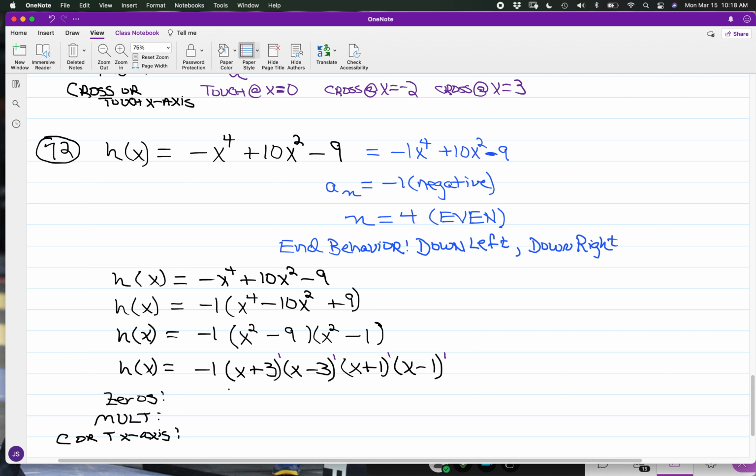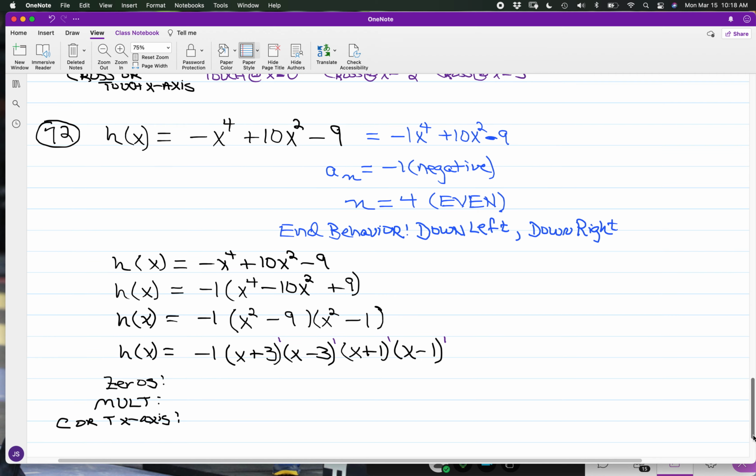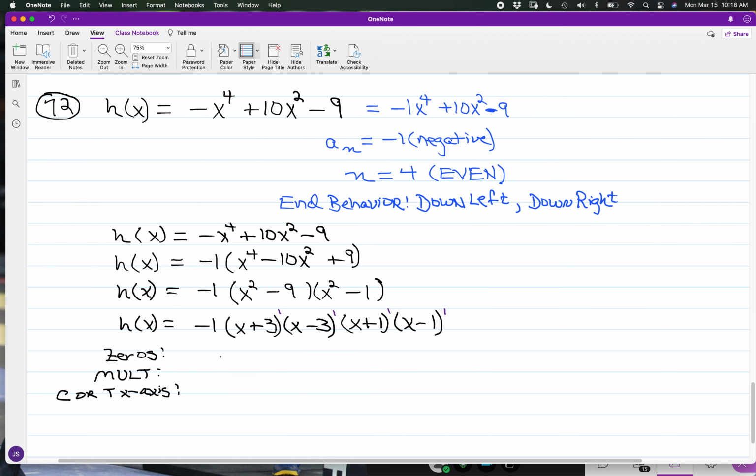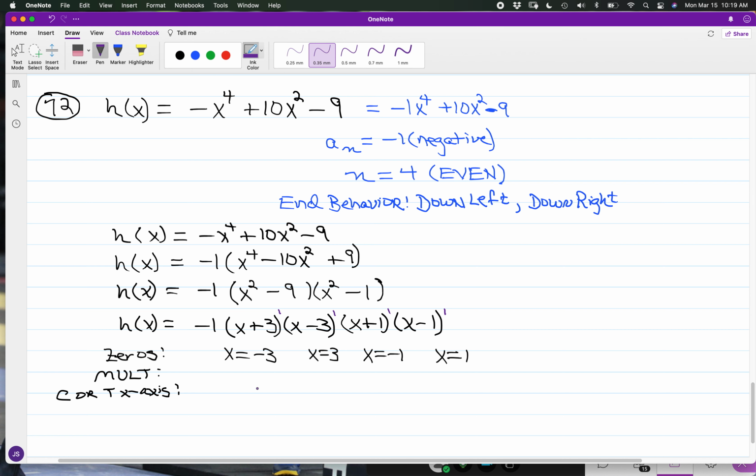So with the zeros, our factors in the variable x: from x plus 3, we have x is equal to negative 3. From x minus 3, x is equal to 3. From x plus 1, x equal to negative 1. And from x minus 1, x is equal to 1. And all of their multiplicities will be 1.